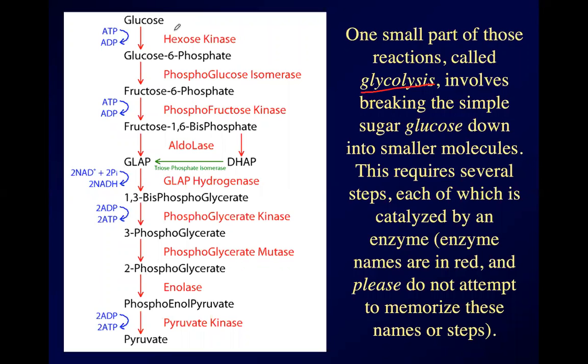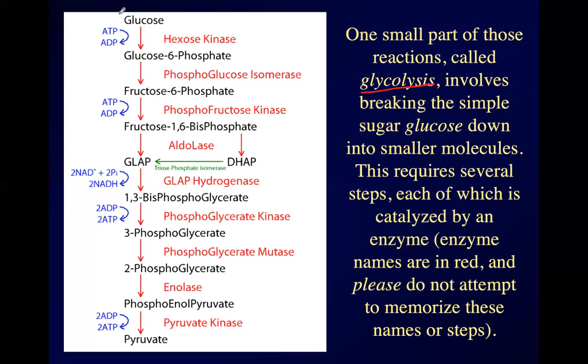You may know that glucose levels have to be maintained within certain limits within your bloodstream. If you have diabetes, you may have excessive glucose in your blood, and you have to monitor this. And a small but critical part of metabolism involves breaking glucose down into smaller molecules.